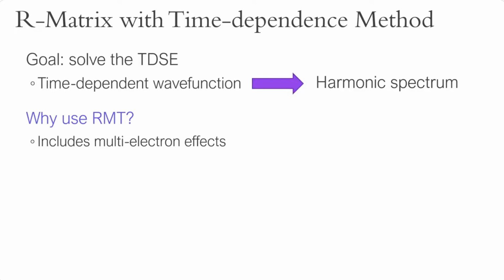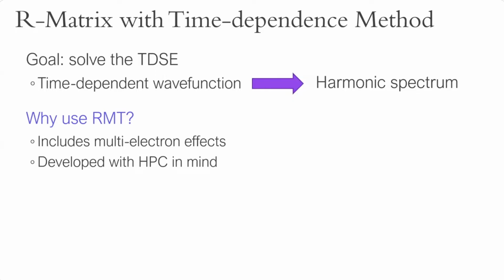And it has been shown that these multi-electron effects do influence the harmonic spectrum, but we're not entirely sure the extent of these multi-electron effects. Also, RMT was developed with high-performance computing in mind. So this allows us to have much higher runtimes without having to worry too much about the computational complexity. So we can run larger and larger jobs without worrying too much about the overhead.